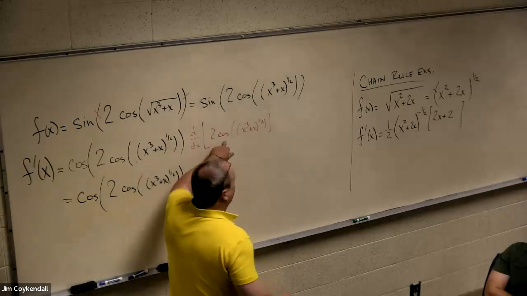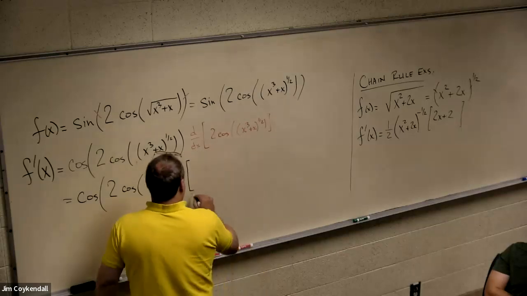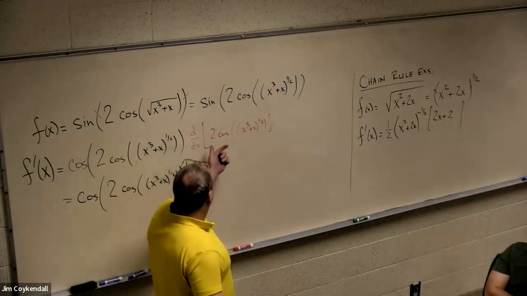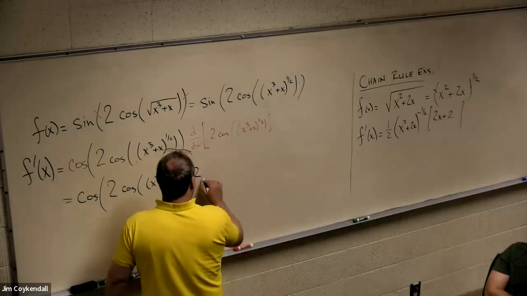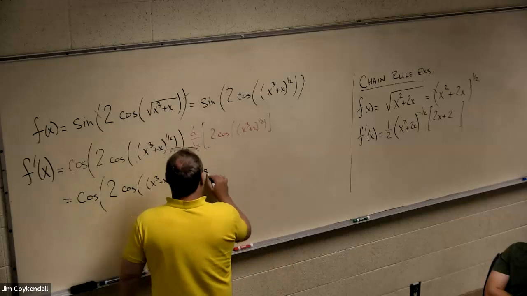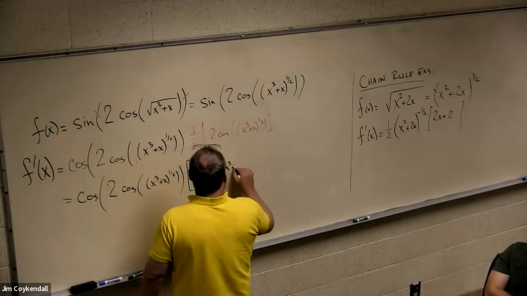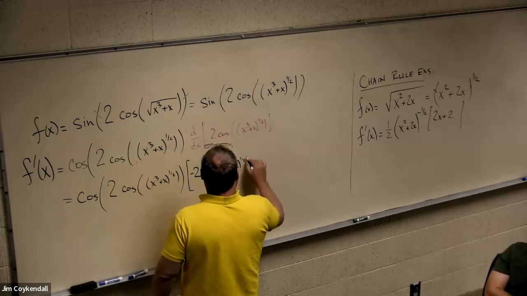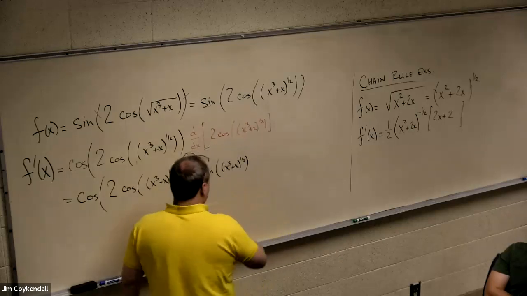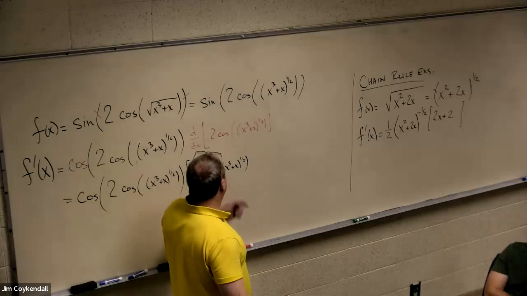Okay, so now what's the derivative of this? Now it's got a little simpler. What's the derivative of cosine? Negative sine. Wow. But am I done taking the derivative of this?